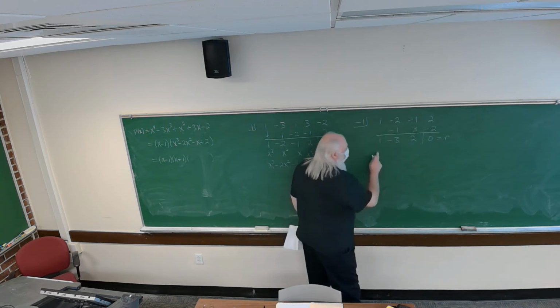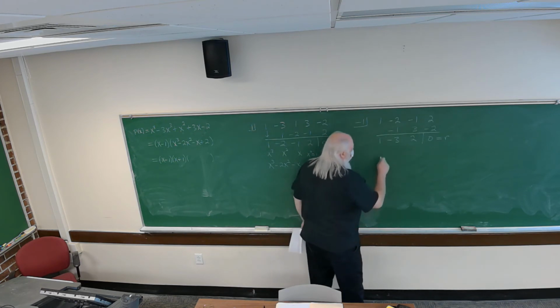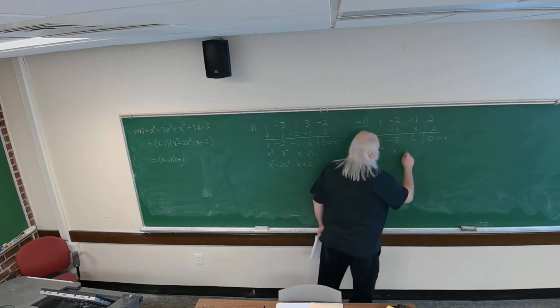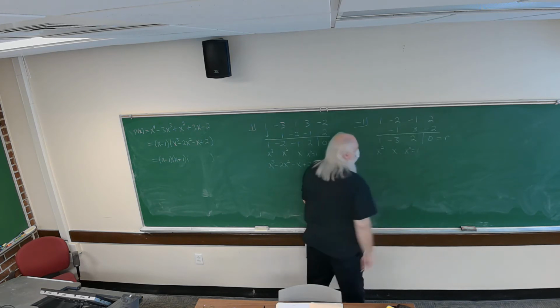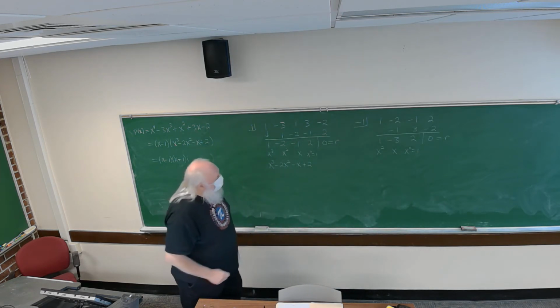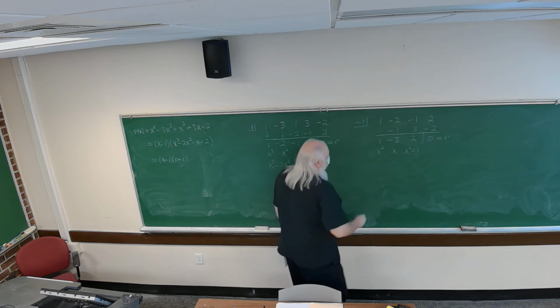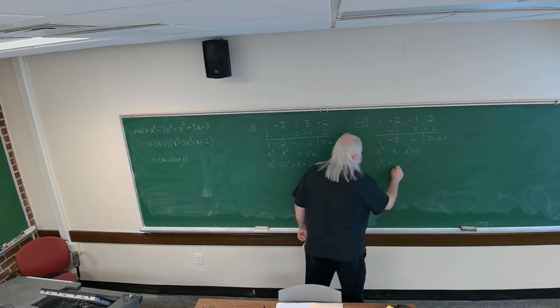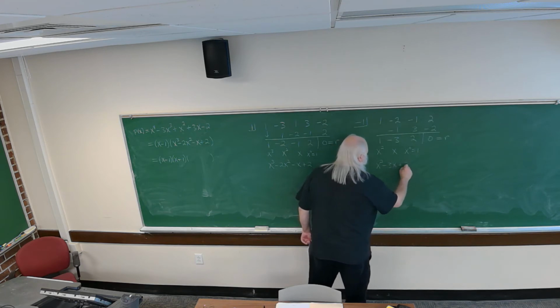And now these coefficients go with our quadratic, right? The first number goes with x squared, the second one with x, and the third one with x to the 0. So our quadratic is x squared minus 3x plus 2.